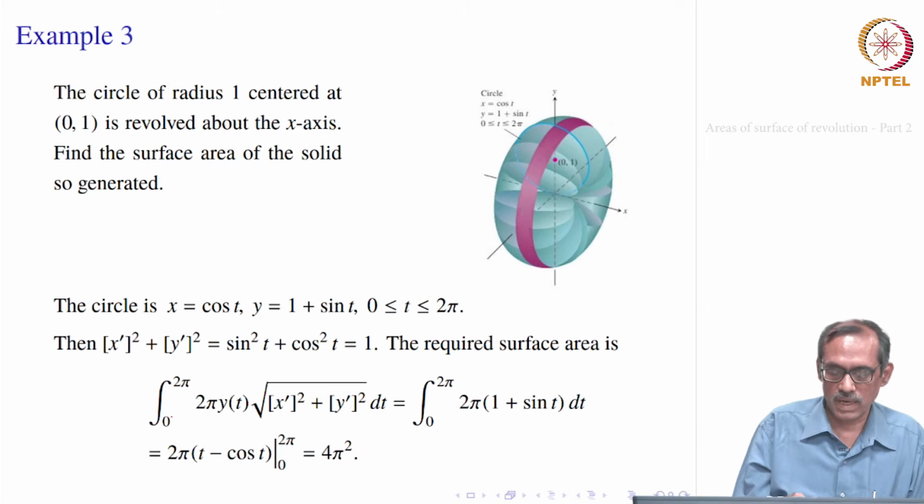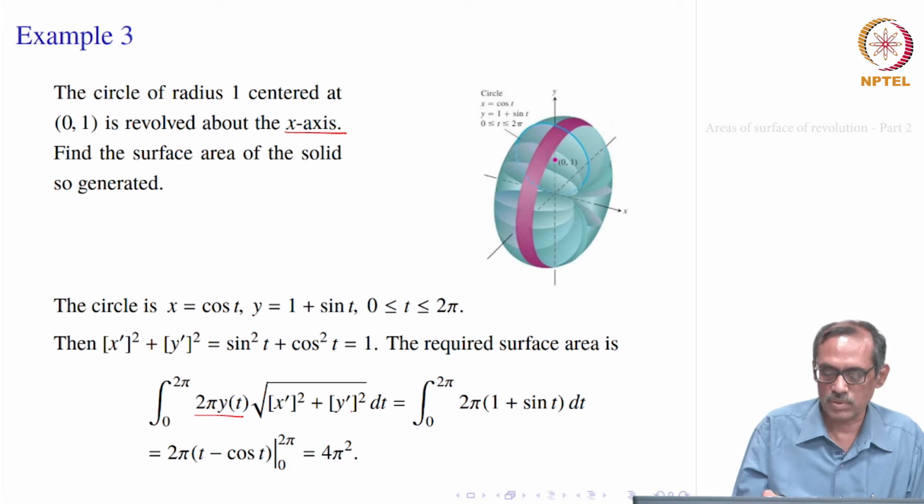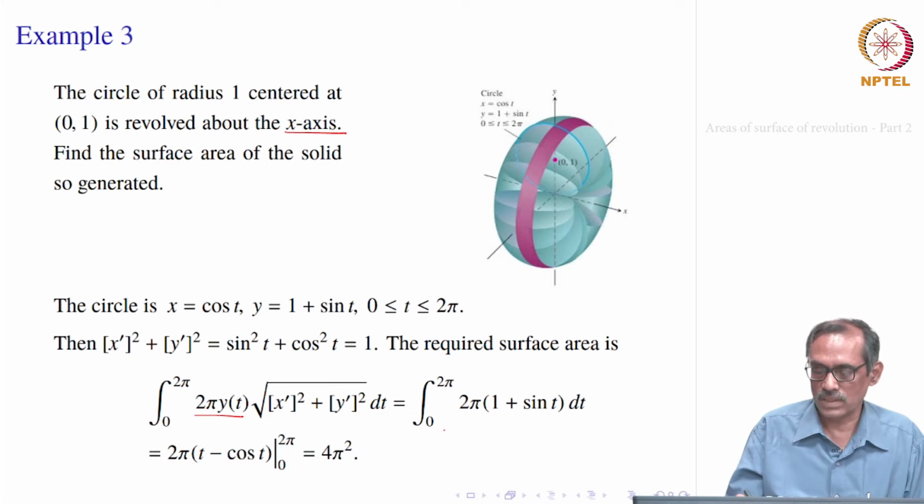Which is 1 here. Therefore, the surface area will be the integral from 0 to 2 pi as t varies. It is about the x axis, so you take 2 pi times y of t times square root of x prime squared plus y prime squared dt. That is the integral from 0 to 2 pi of 2 pi into (1 plus sin t) dt, since this under root becomes 1 and y of t is 1 plus sin t.